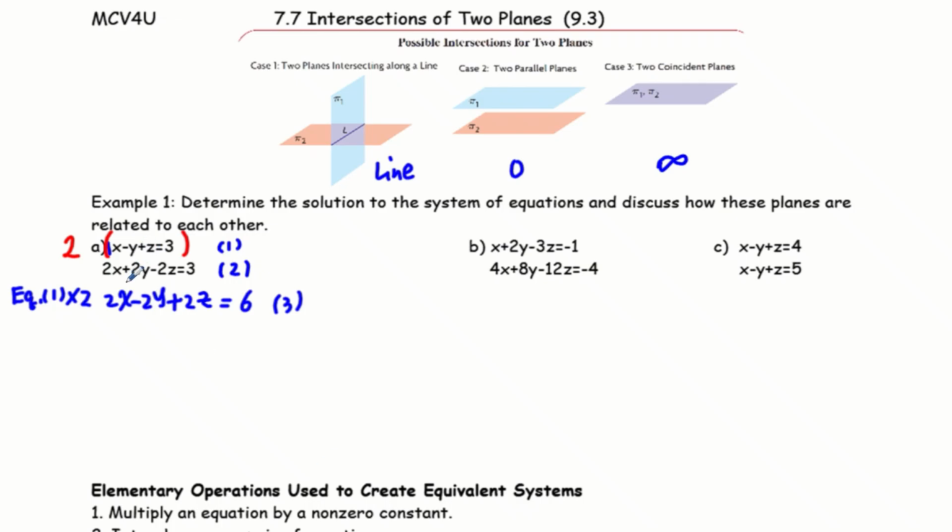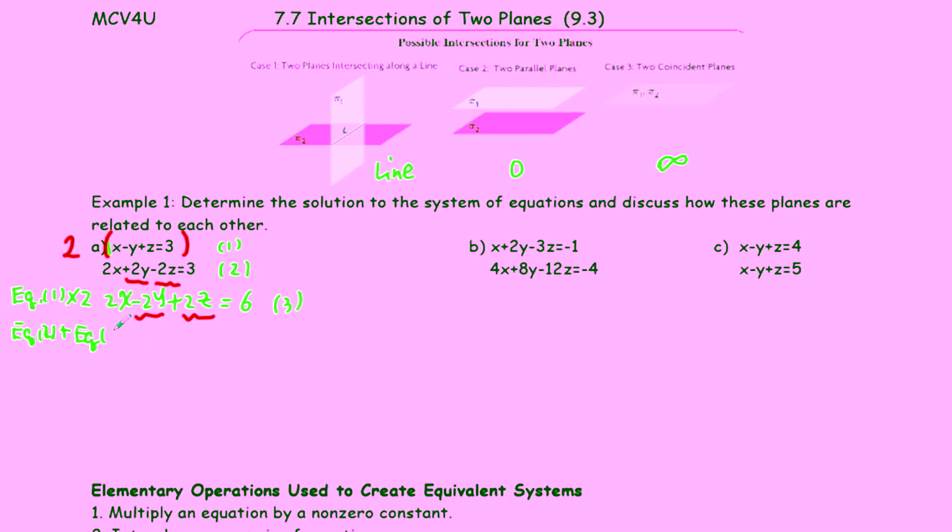You see negative 2y and positive 2y, and minus 2z and positive 2z. You could just subtract those two to get the equation, and that is okay, but by adding these two, we can get rid of y and z. So equation 2 plus equation 3.